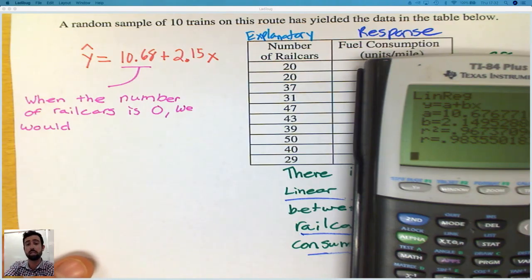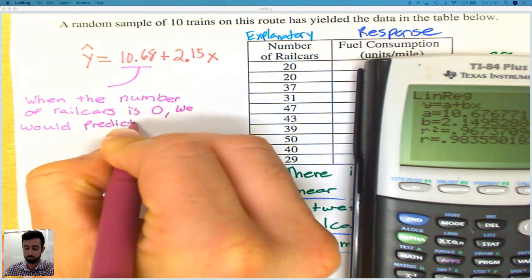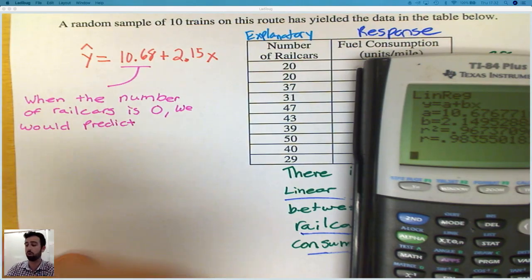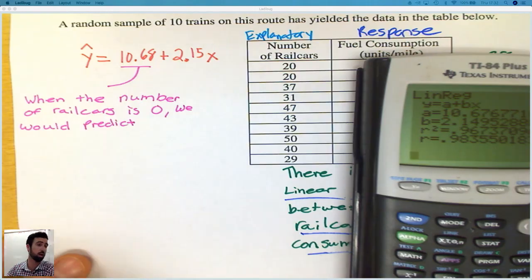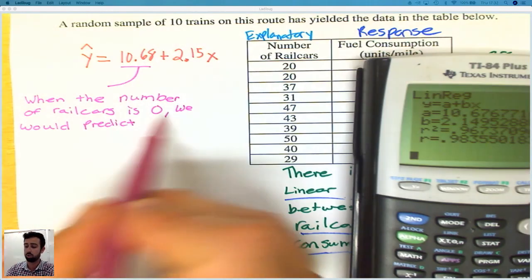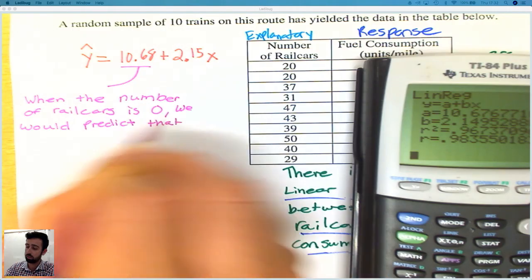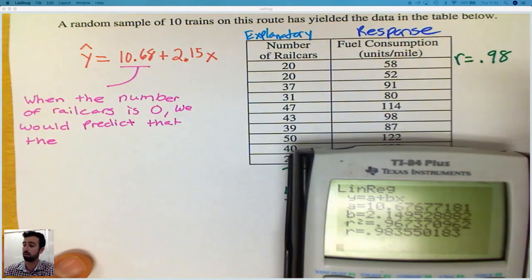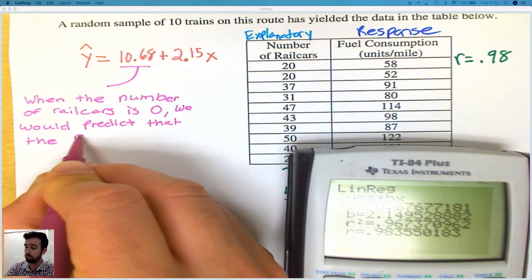So we would predict, and again, go back to those sentence starters. If you're just joining us, I gave us a list of sentence starters that all you have to do is input your specific context and it'll work every time to get you full credit. So we would predict that, and then insert your context for Y. So our Y here, our response variable, is the fuel consumption.